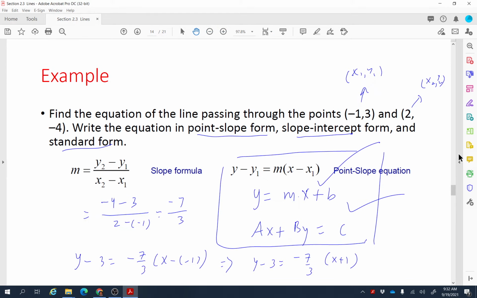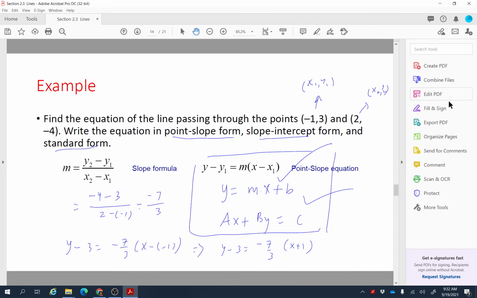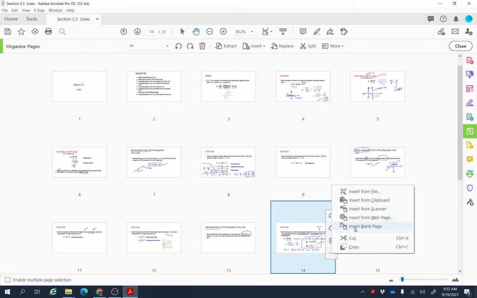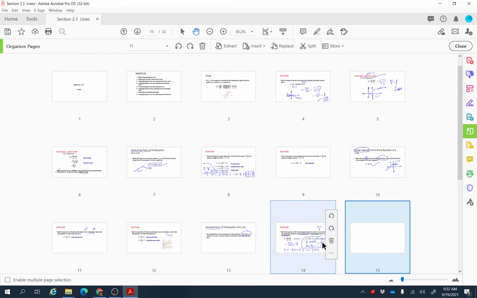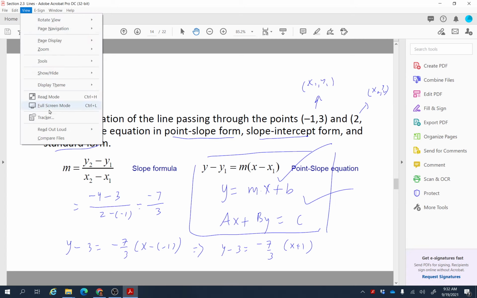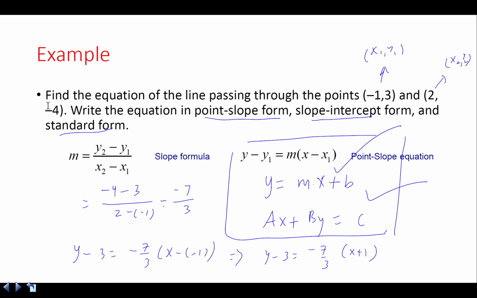So this is our form, y minus 3 equals -7/3 times x plus 1.